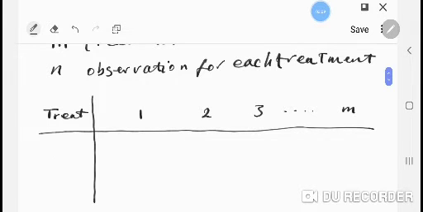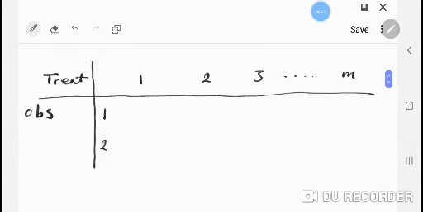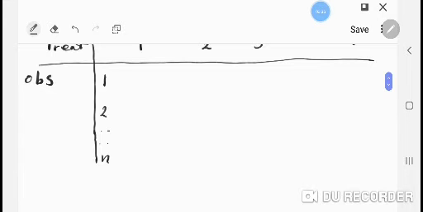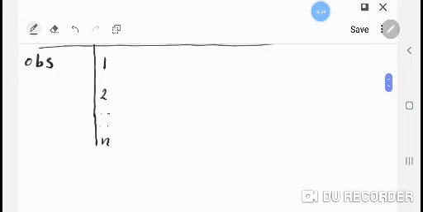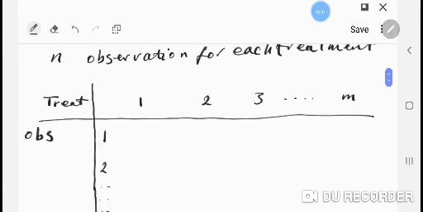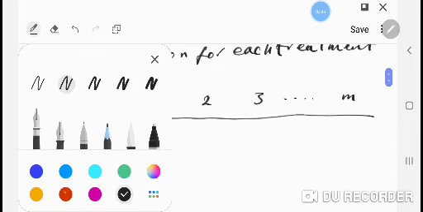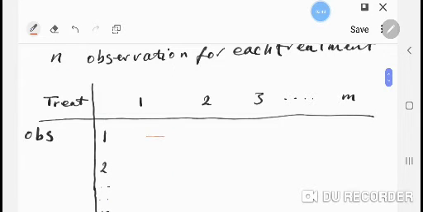And here is the observation number: observation 1, 2, and observation n. Observation 1 in treatment 1 is x11.